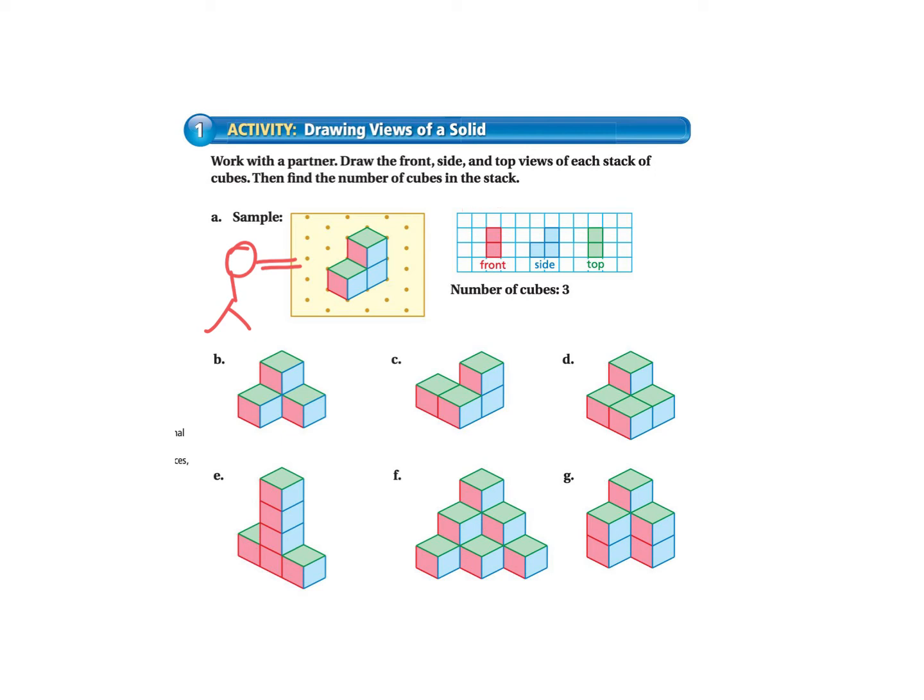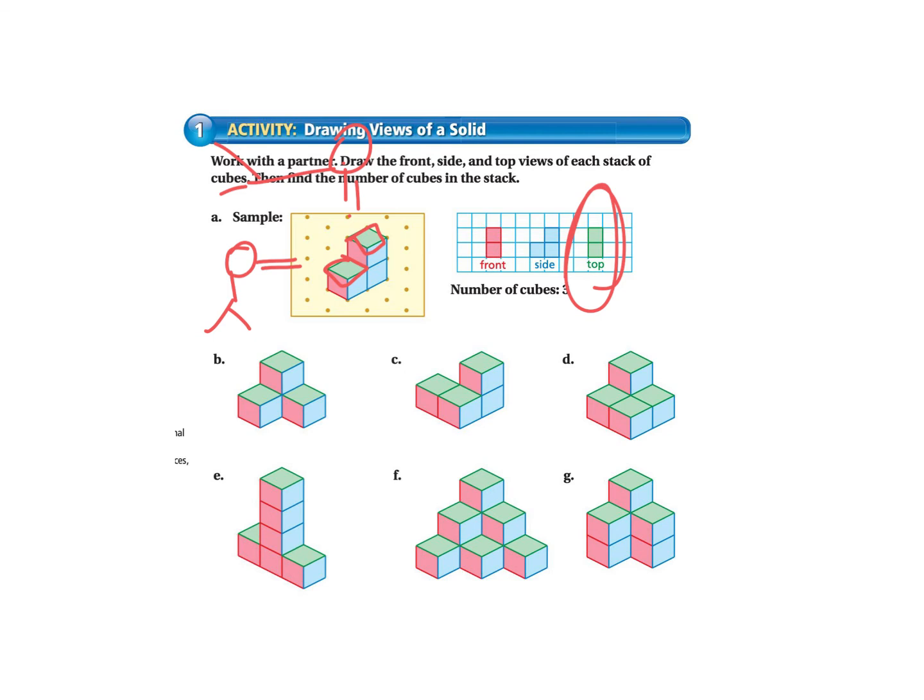So it would look like that. If you were at the side looking at the blue, it would look like this. So it would have 2 on the bottom, 1 on top. And then if you were hanging over this, looking down at this, you would only see these 2 squares, the green ones, and so that's why you draw the top like that.